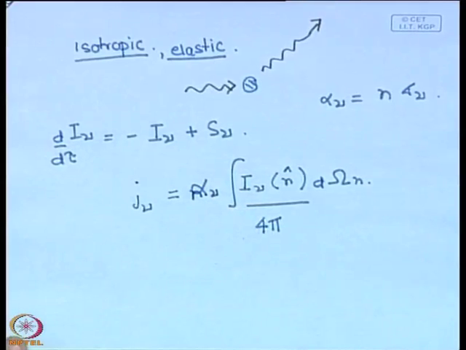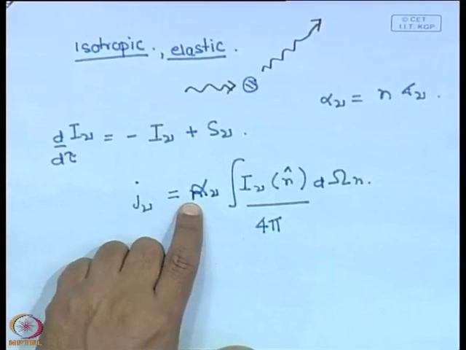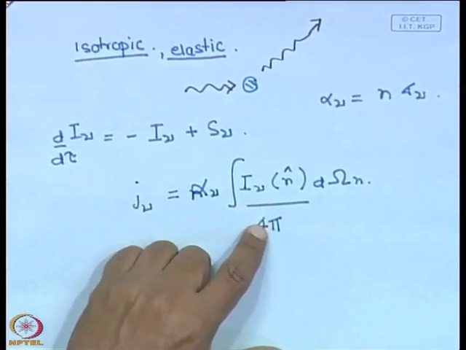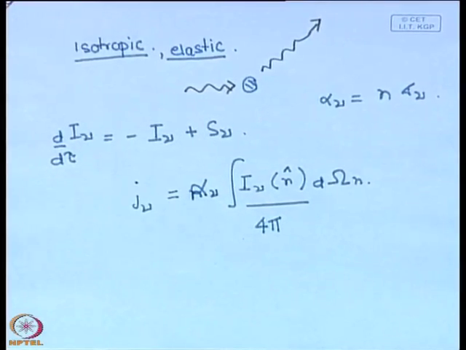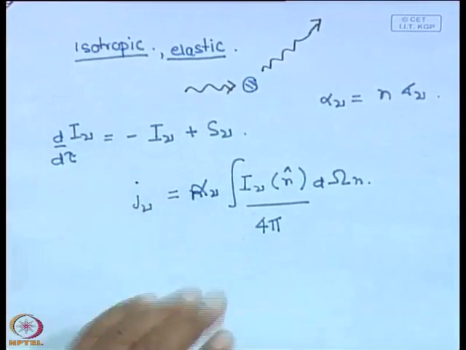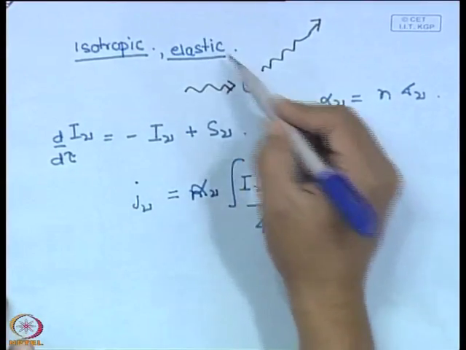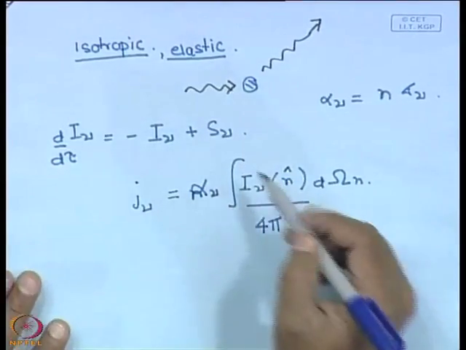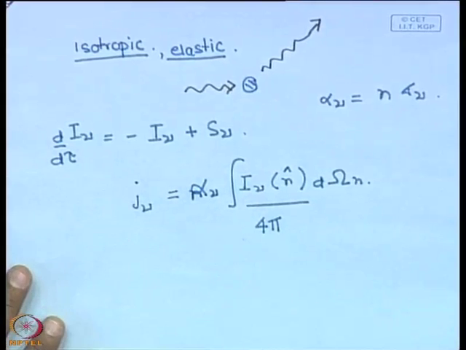So, the emission coefficient is the absorption coefficient times just this factor. The radiation that is incident gets scattered into different directions, that is all. So, the incident radiation from all directions, you average over that, and then it gets randomly distributed over 4 pi.